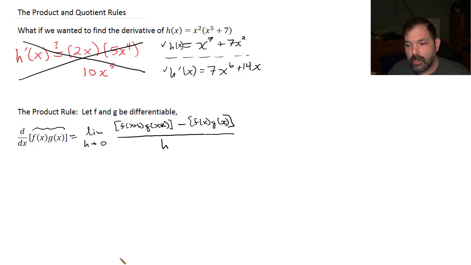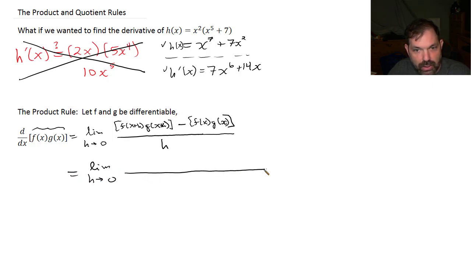So the quantity that I'm going to add and subtract is this. I'm going to rewrite this as equal to the limit as h approaches 0. I'm going to leave the first term alone, f of x plus h times g of x plus h. Then I'm going to subtract and add the same quantity.